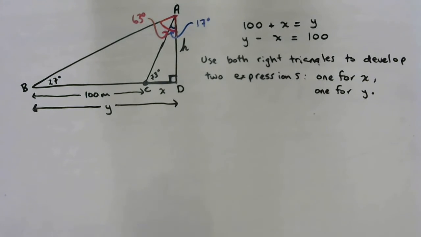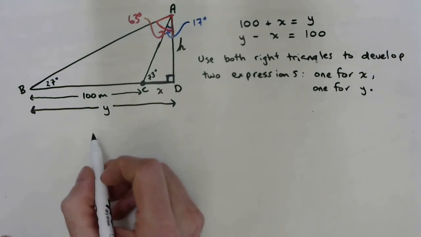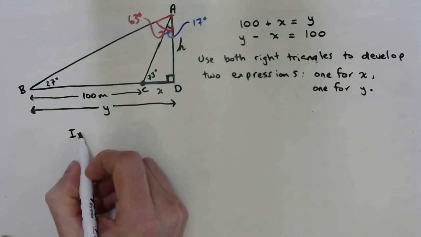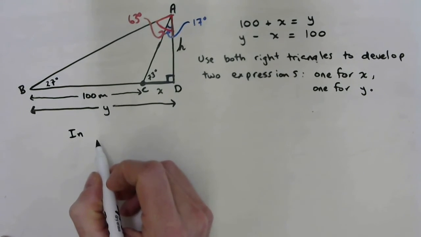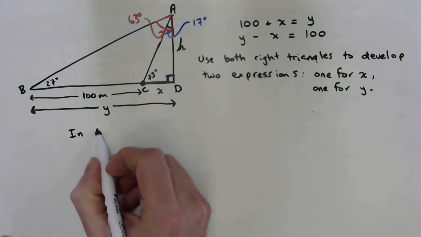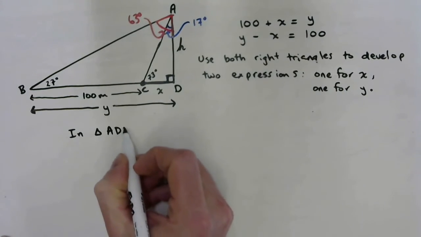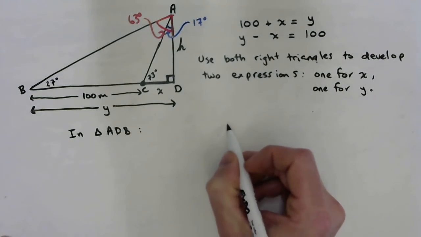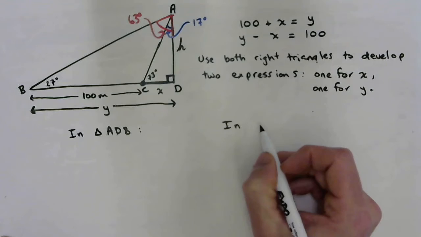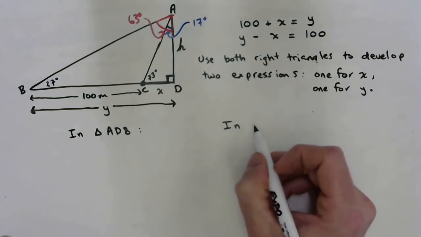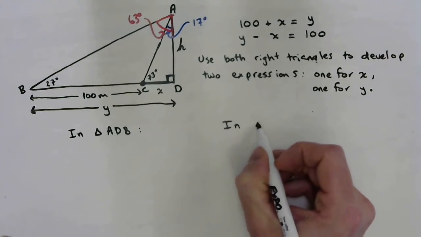Okay, that's a bit better. You probably would have just understood what I was doing anyway, but we're going to look at our two triangles. We're going to start with our big triangle here, ADB. And then over here, we're going to use our little triangle, ACD or ADC.